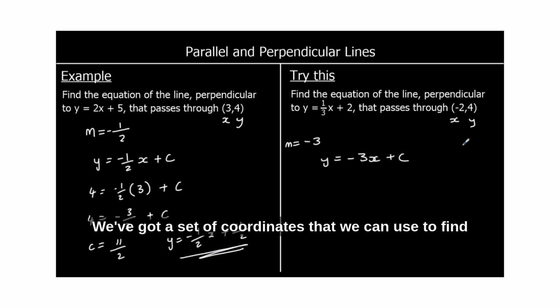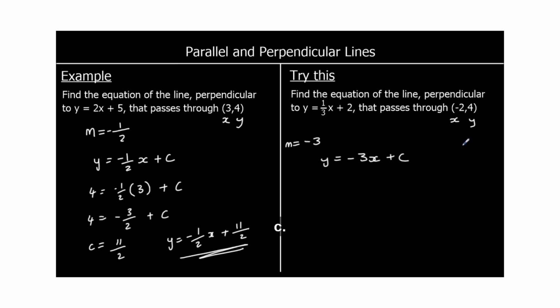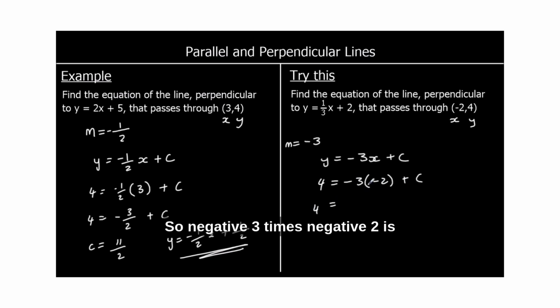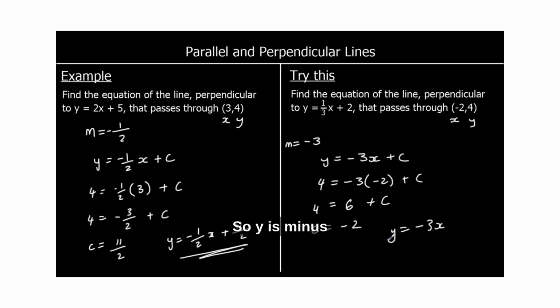We've got a set of coordinates that we can use to find c. So y is 4 and x is negative 2. Negative 3 times negative 2 is 6. And take 6 away from both sides to get c by itself. So c is negative 2. So y is -3x minus 2.